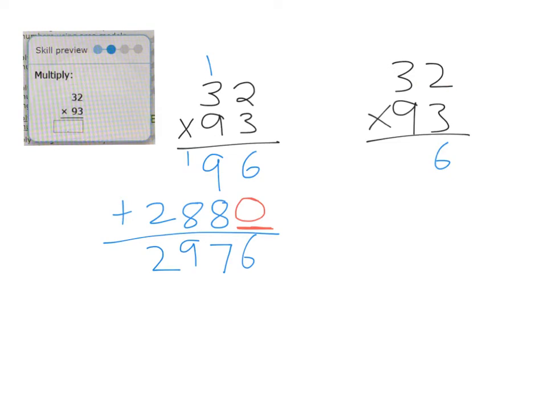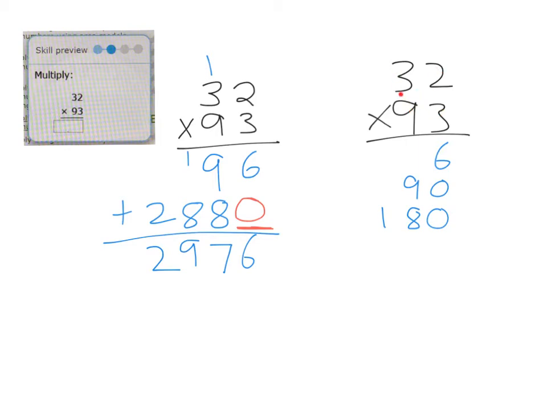So I'm going to say 3 times 30 is 90. Now I'm going to look at this 9, and I'm thinking, okay, this 9 actually represents 90. 90 times 2 is 180. Okay, so we've done 90 times 2.